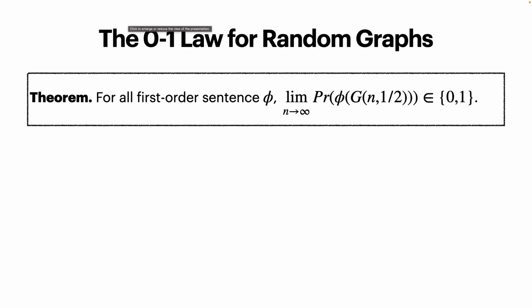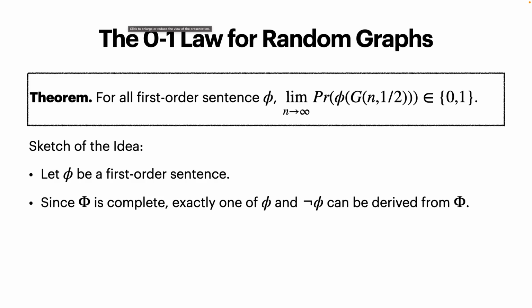And here comes the most important theorem in this presentation. For all first order sentences phi in our graph theory, it's either going to be true for almost all of the finite random graphs or false for almost all of the finite random graphs. I'm going to present a sketch of the idea.